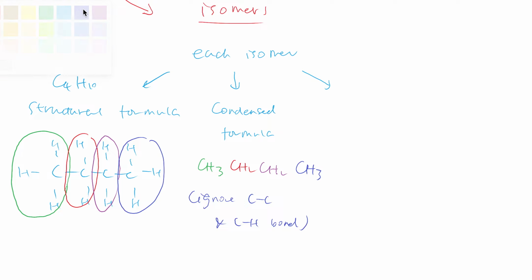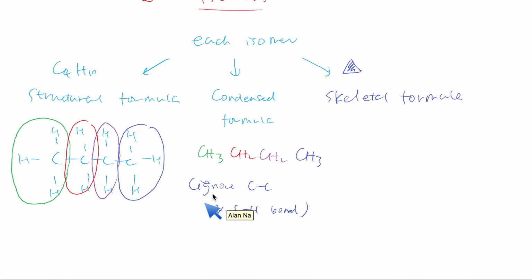And then the one we use the most, especially in spectroscopy, is the skeletal formula. Skeletal formula is where you ignore all the hydrogens.